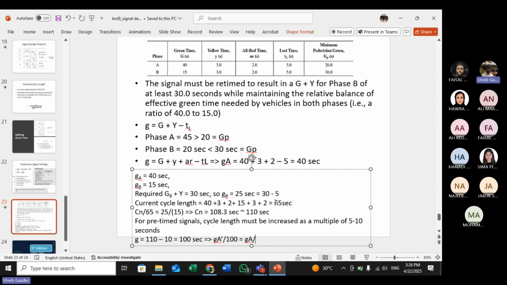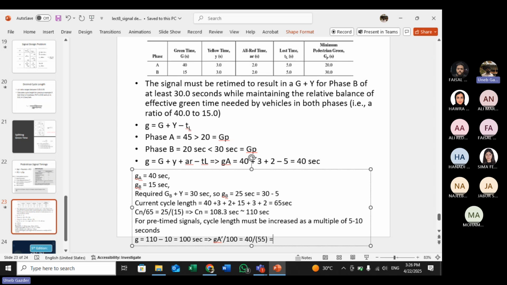So the old total was 65 minus 10, because the lost time is still 5 seconds and 5 seconds. The old time of phase A, I know it was 40.